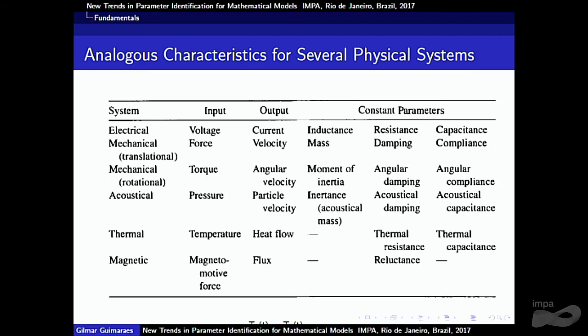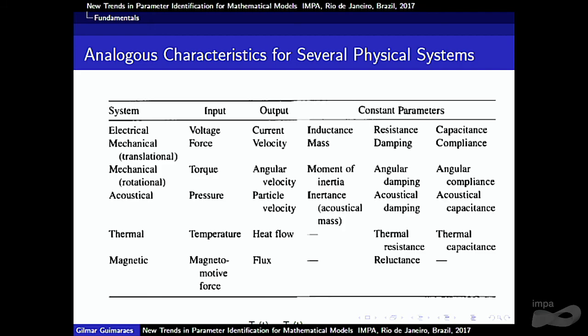So this kind of system is equivalent if we have a thermal system. We can work on both sides. We can use an input of temperature and output of heat flux, or we can use as input the heat flux and work with an output of temperature.